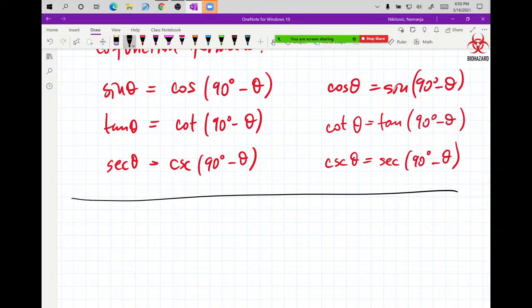Well, the only thing that is left, guys, is to talk a little bit about application. With this much knowledge of trig, you are already able to calculate heights of objects.